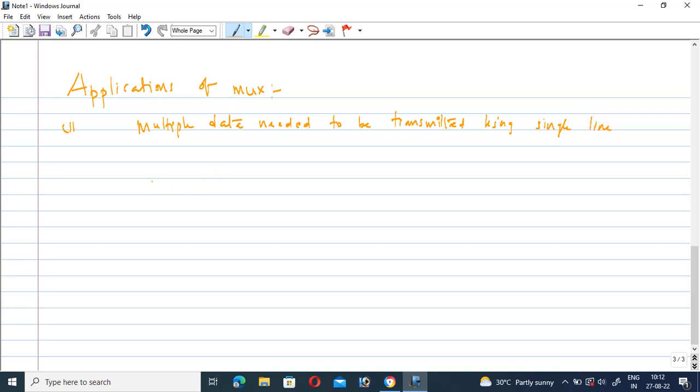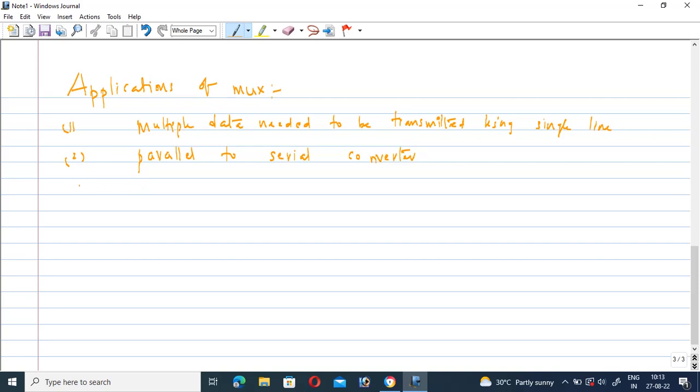It is also used for parallel to serial converters.